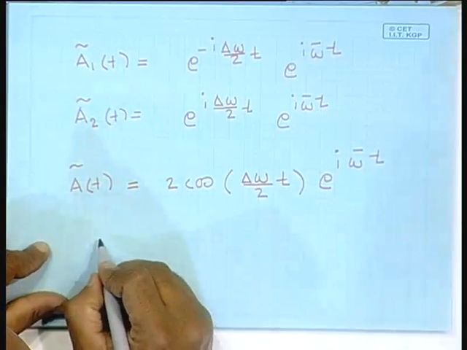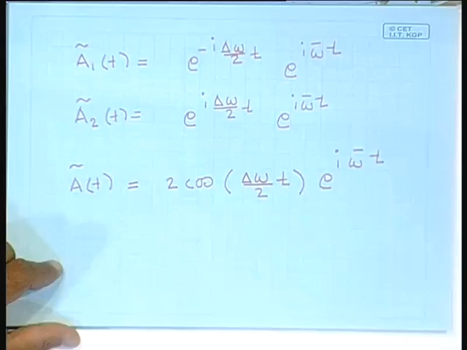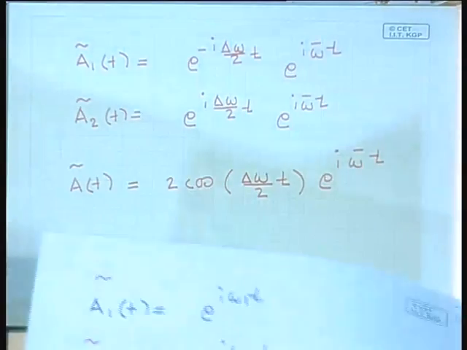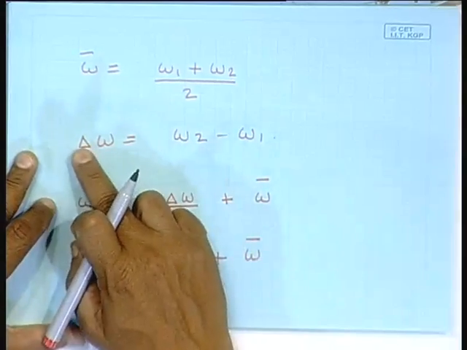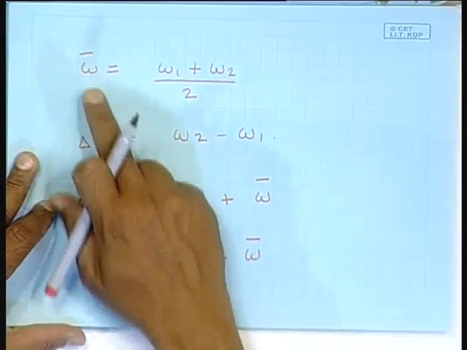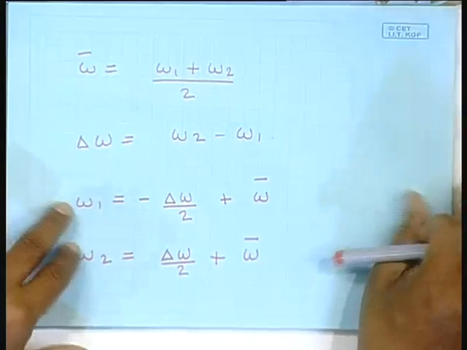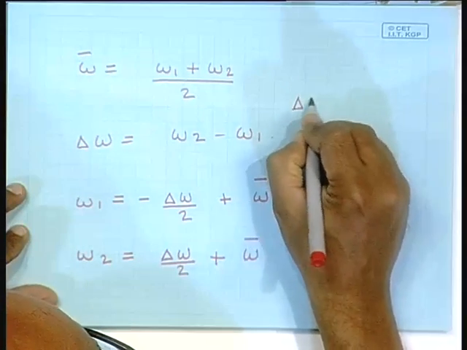And we are interested in a situation where omega 1 and omega 2 are very close. If omega 1 and omega 2 are very close, then delta omega, the difference in the frequencies, is much smaller than the average frequency. So, that is the situation we are interested in.